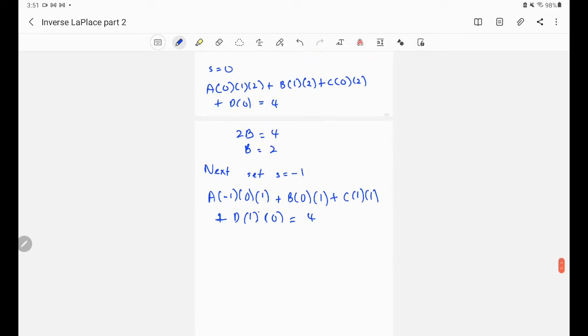A times 0 is 0, B times 0 is 0, so C is equal to 4.